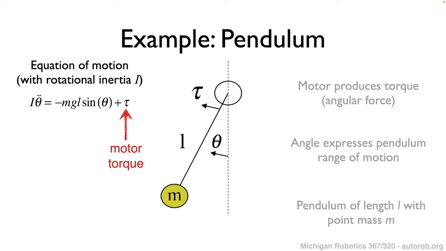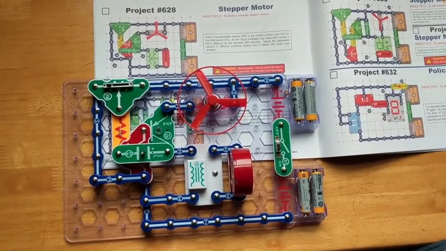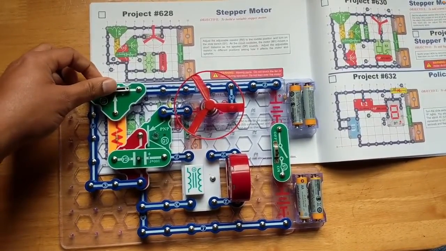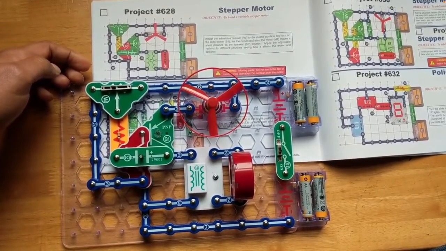On a physical system, this notion of motor torque might be familiar, and it's certainly nice as an illustrative example of how motors are implemented within robots, is this example of a stepper motor from a snap circuit. You'll see here Professor Jenkins is going to modify the resistance that's applied to this particular motor.